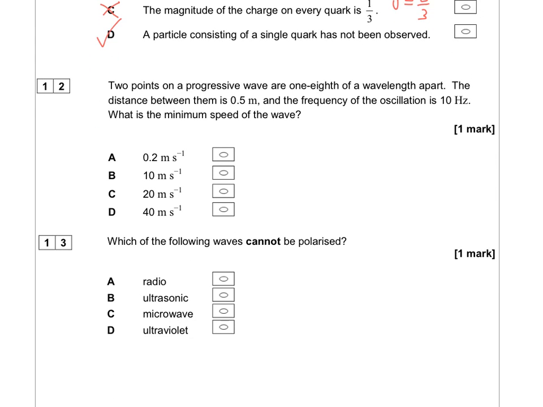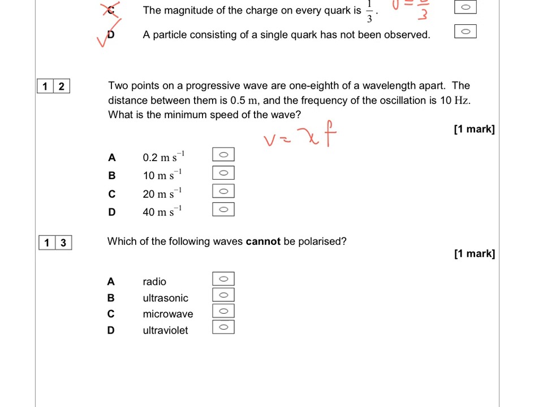Okay, so 2 points on a progressive wave are 1/8 of a wavelength apart. The distance between them is 0.5. The frequency is 10. What is the speed? So if we want to know the speed, we essentially need to know the frequency and the wavelength using the wave equation.